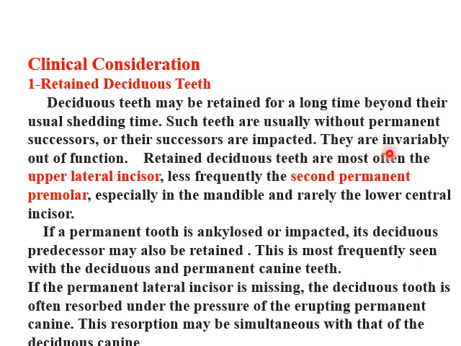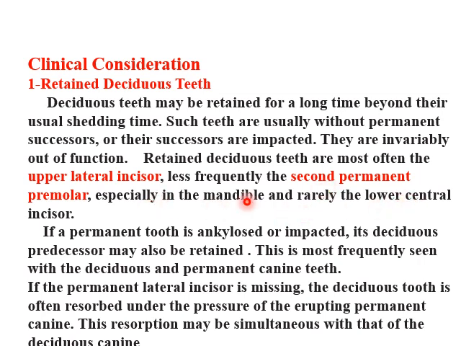They are invariably out of function. Retained deciduous teeth are most often the upper lateral incisors, less frequently the second primary molars, especially in the mandible, and rarely the lower central incisors.